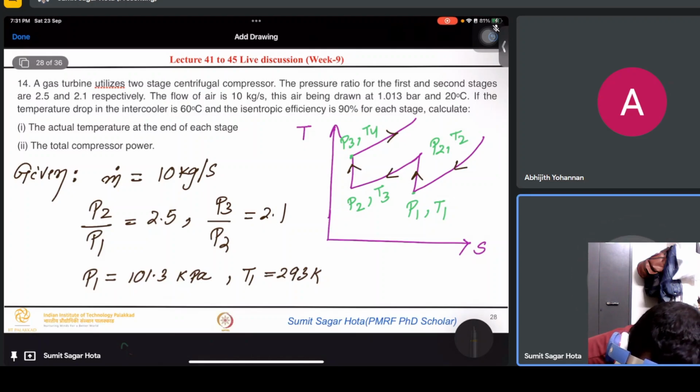Why is it constant? Because of the intercooler. In the question an intercooler is mentioned, and in an intercooler the pressure is always constant.